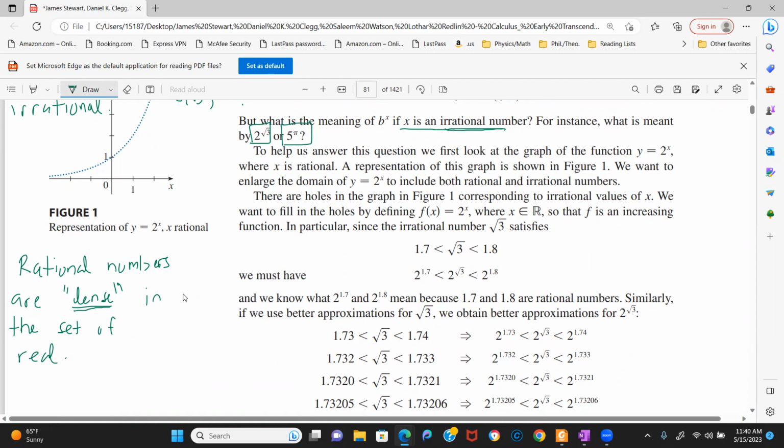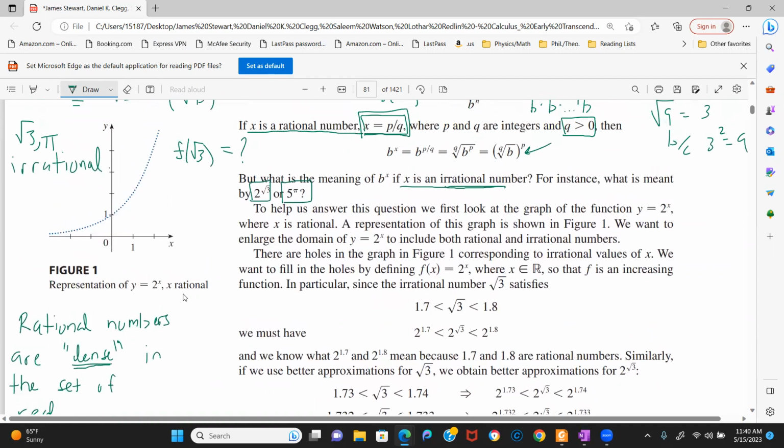Basically, for real numbers, density means that if I give you any two real numbers on the real line, you can find a rational number between them. So given any real numbers, you can find a rational between them.